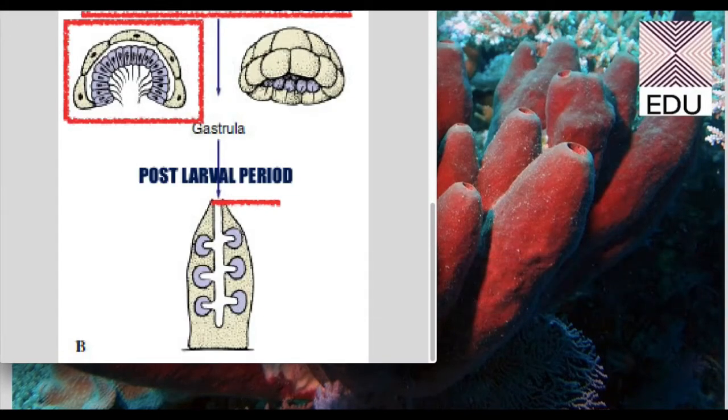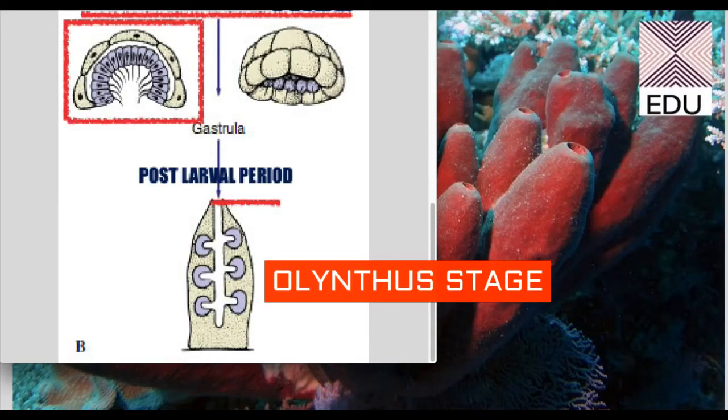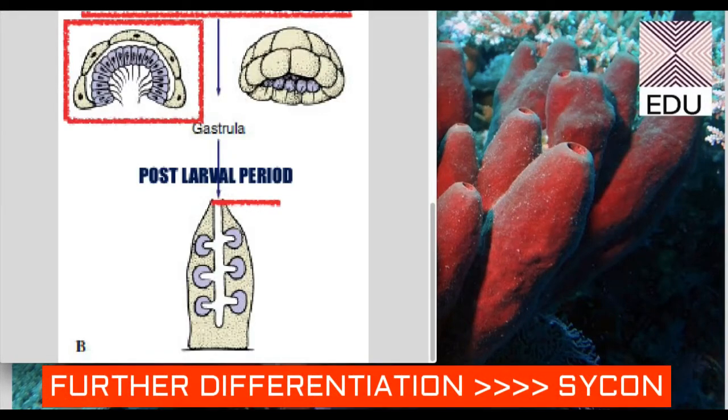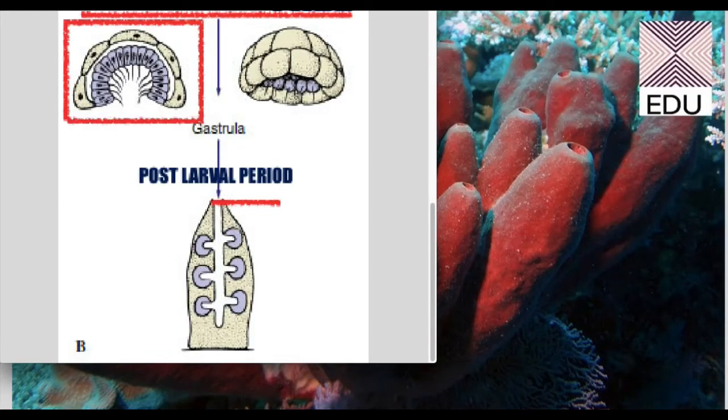Thus a stage is formed which is called the Olynthus stage. Now after this stage, radial canals are formed and there is further differentiation, and finally we get a full Sycon. So that was the development of the Sycon.